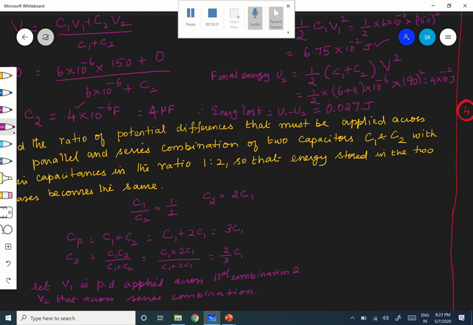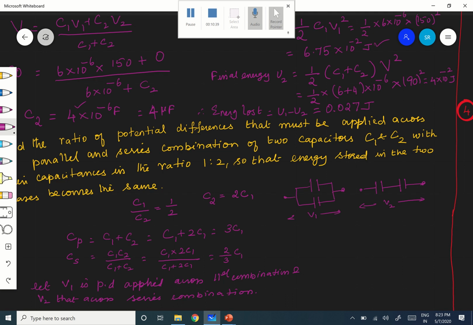Hope you're following. So V1 is the potential drop when they are connected in parallel, and V2 across the series combination. Two capacitors, parallel combination means like that. This is V1. And when they are connected in series, this is V2.